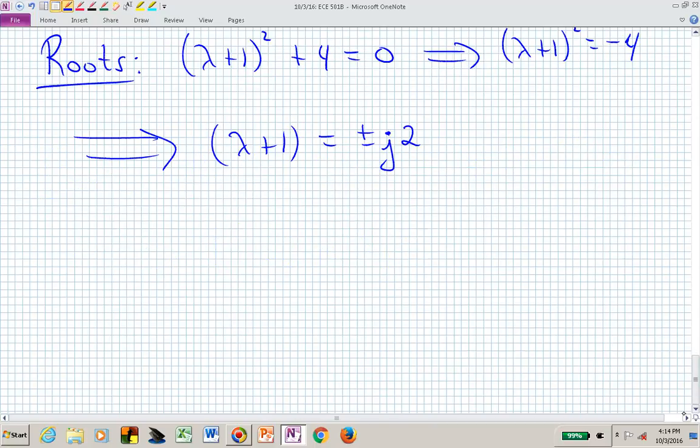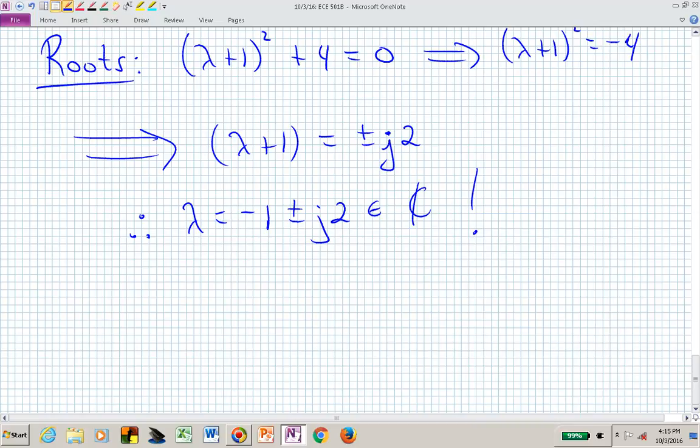And now we have something that's getting us close to finding the roots that we wanted. We now can say that lambda is equal to -1 plus and minus j2, and that's actually an element of the complex field, C.